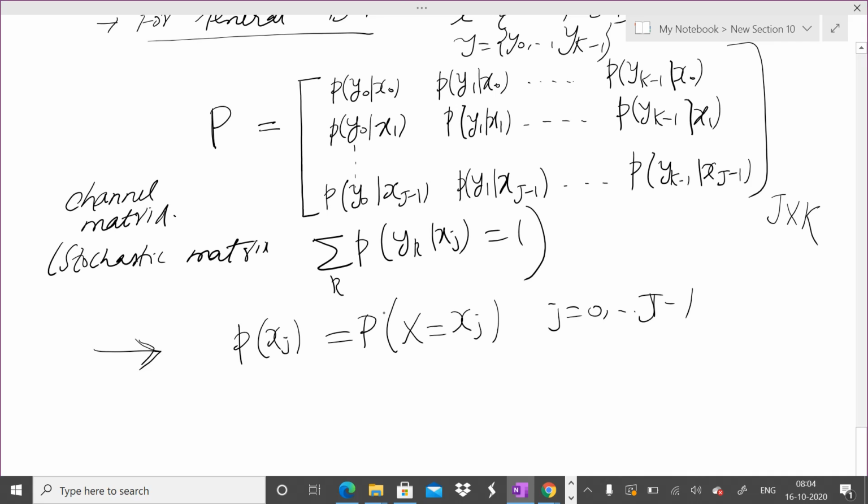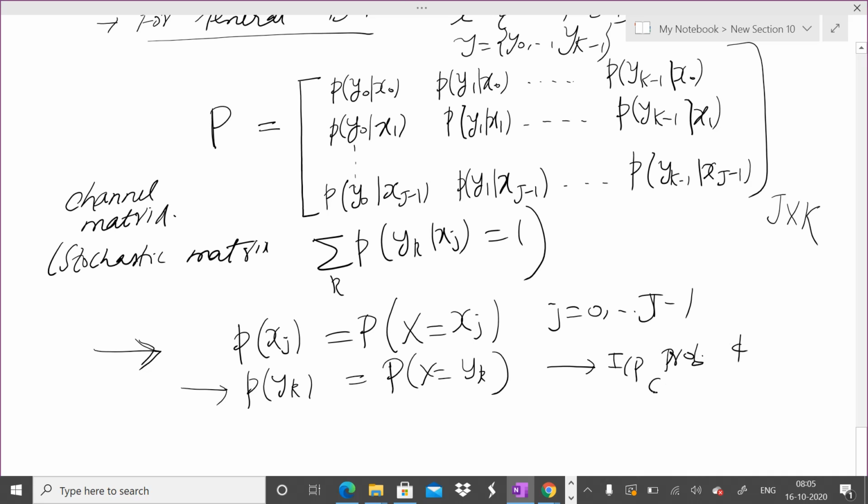And we have probability of yk equal to probability of y is equal to yk. But how will we characterize probability of yk? It is what you receive at the receiver, so it should be characterized in terms of input probabilities and channel transition probabilities, right?